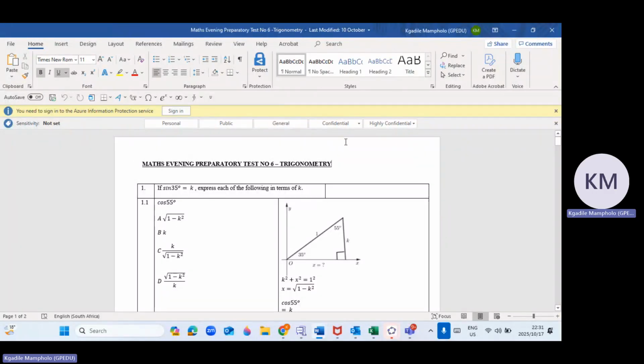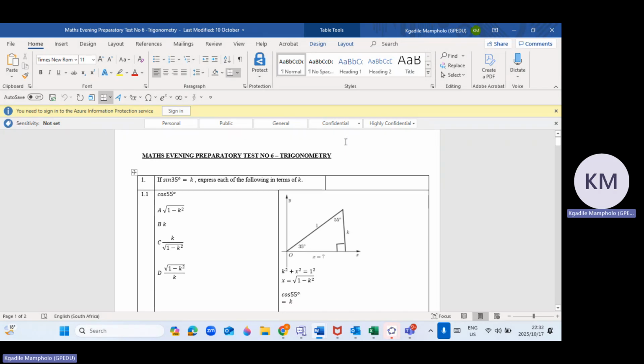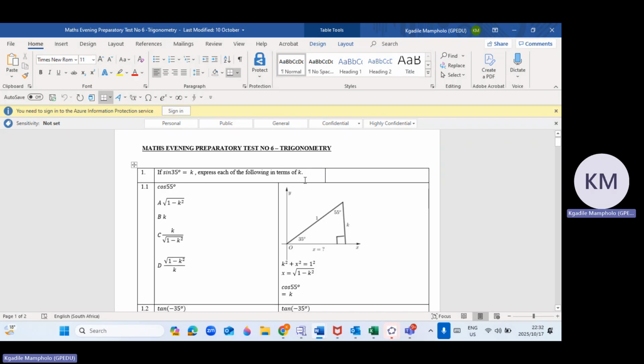As I said, the test was about trigonometry. My name is Pandimo. Now, the first question says, if sine 35 degrees equals k, express each of the following in terms of k.